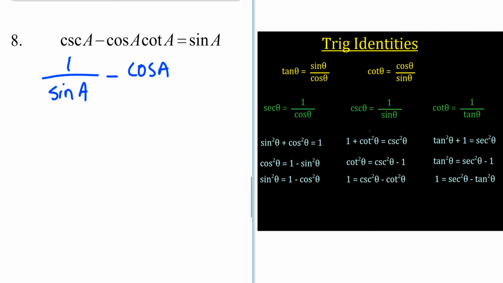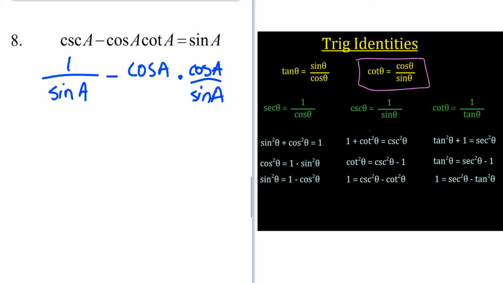The idea is a lot of times you want to get it just into sine and cosine. Try to get rid of any cotangents, cosecants, secants, tangents, anything like that. And then this is multiplied by cotangent A. So cotangent A is cosine of A over sine of A.